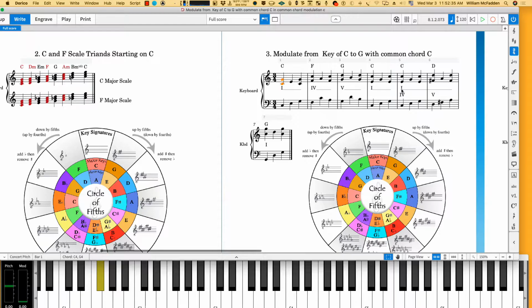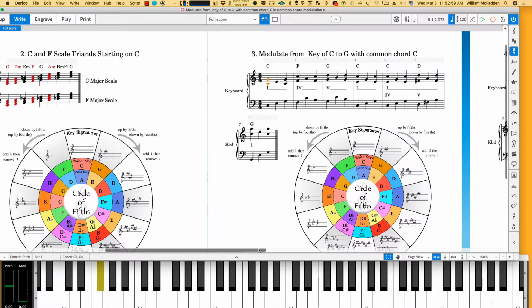And then we went back to the tonic in the key of C, but that happens to be the 4 chord in the key of G. And then we went to the 5 chord in the key of G, which is the D major chord, and then back to the tonic in the key of G, which establishes the new key.